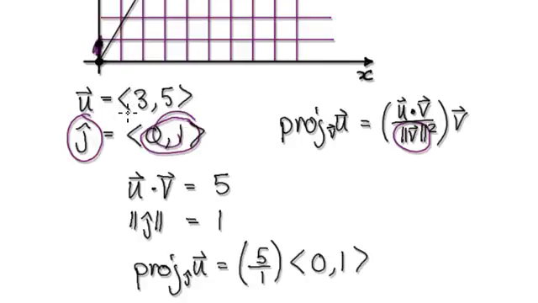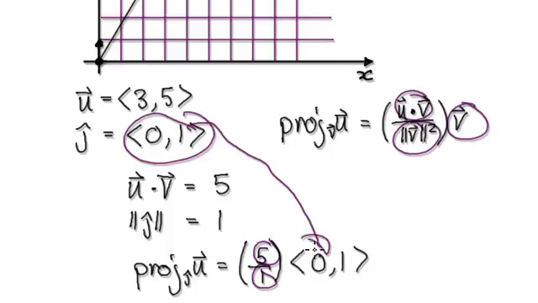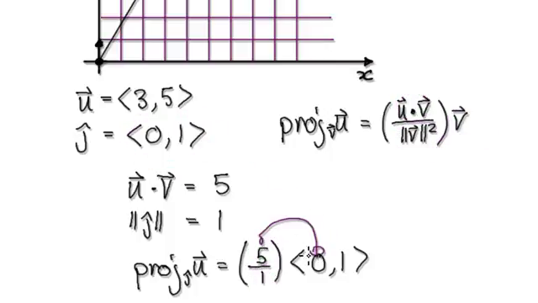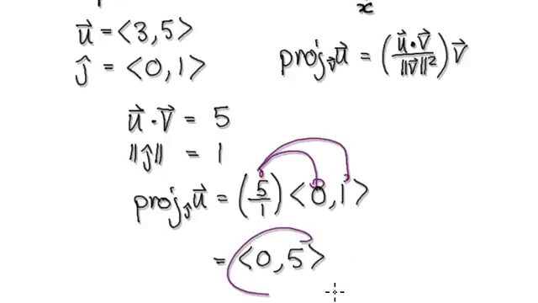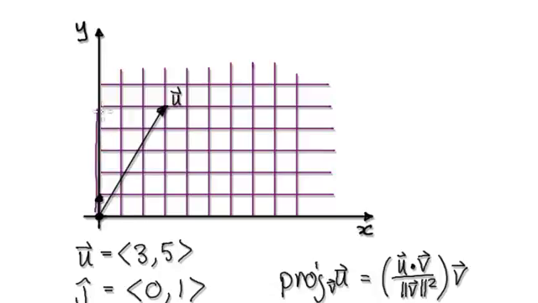So this thing here will be 5, this thing here will be 1, and our unit vector is this. So it's 5 times 0, 5 times 1, which gives us this. Our final answer is this vector here, 0 across and 5 up.